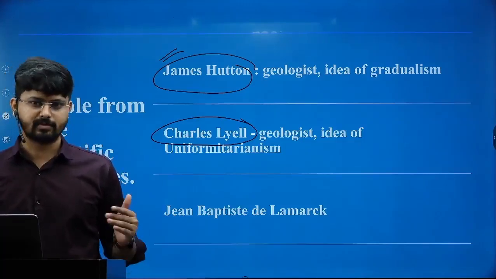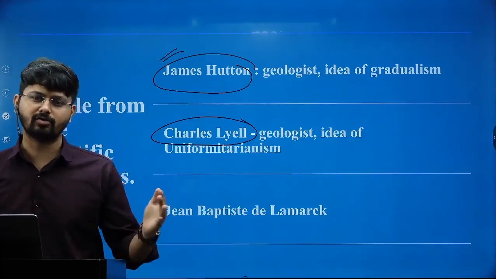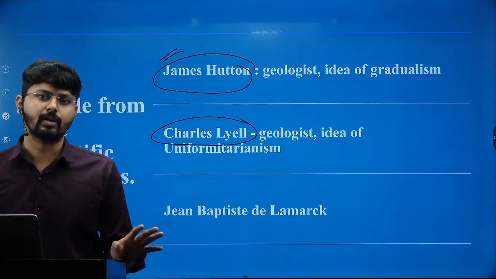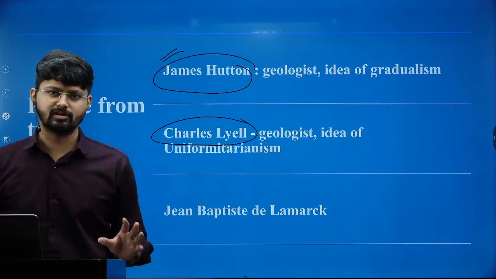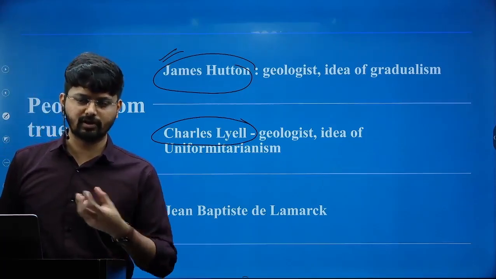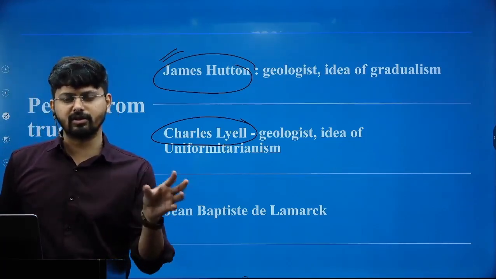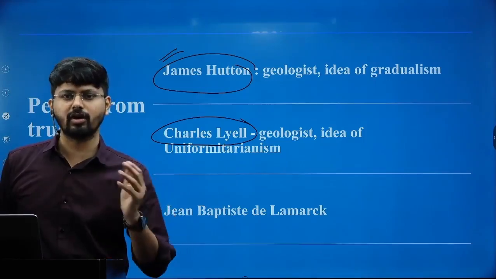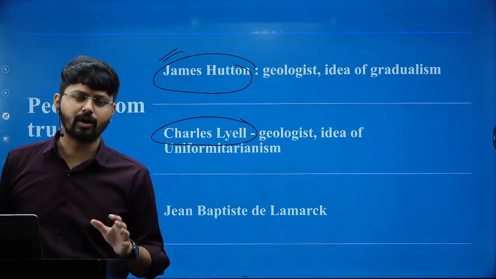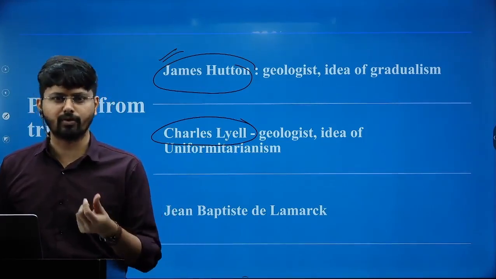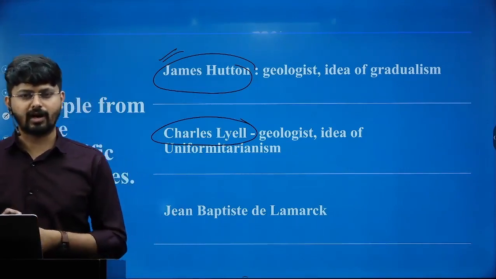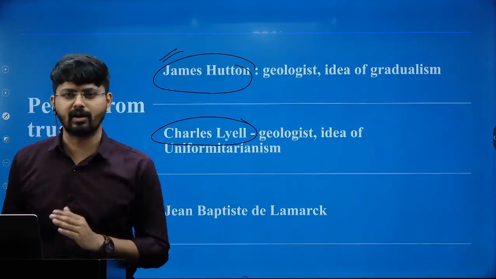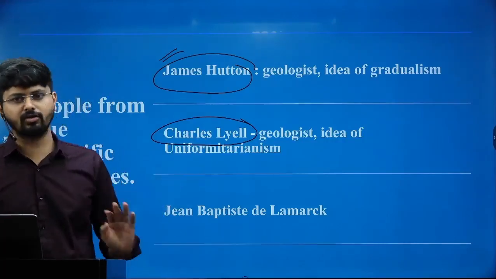So they are saying that life has evolved gradually along with the evolution of earth. Okay, so there were climatic changes happening. So with that geological time scale, there was change in climate. So these climate changes have not only led to changes of the earth, but at the same time they have changed the life on the earth as well. So for that reason the evolution has happened in a gradual manner according to this gradualist theory.